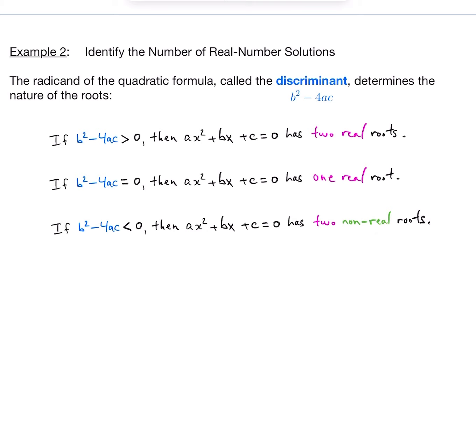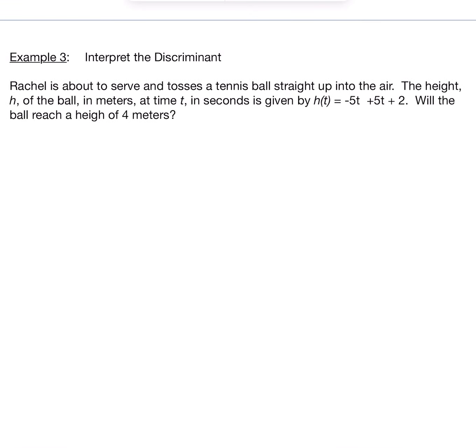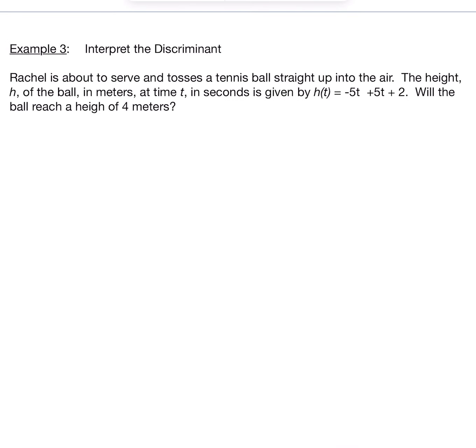So let's go ahead and apply this in a couple of different ways, first with the next example. Here we're going to interpret the discriminant. In this problem, Rachel is about to serve and tosses a tennis ball straight up into the air.